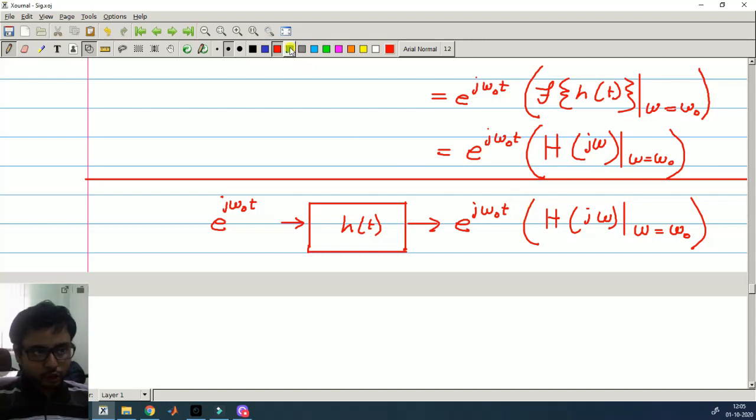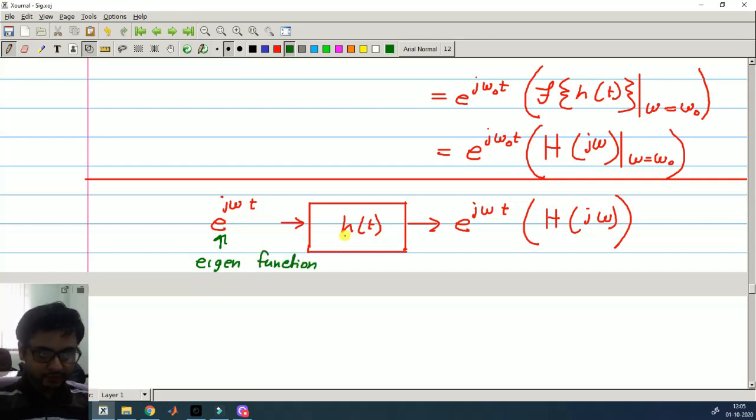So you may in general write this as omega, because this is true for all values of omega you like, and so the output is the input multiplied with an overall constant. That means this is an eigenfunction of this system. In fact, this is an eigenfunction of any LTI system.